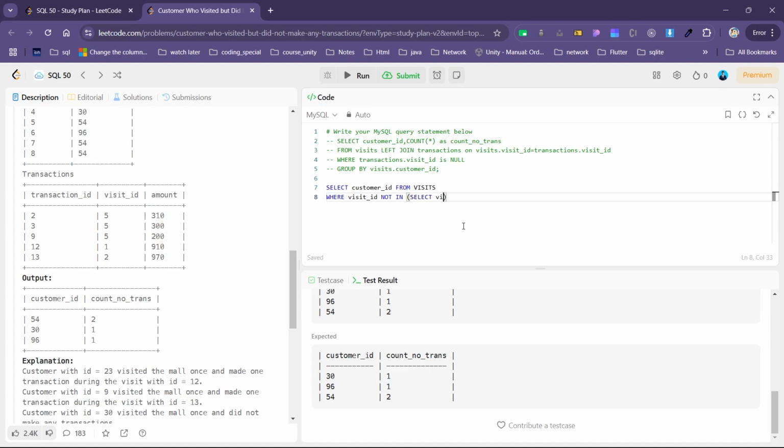Select visit ID from transactions, right? Now let's see the result of this query.